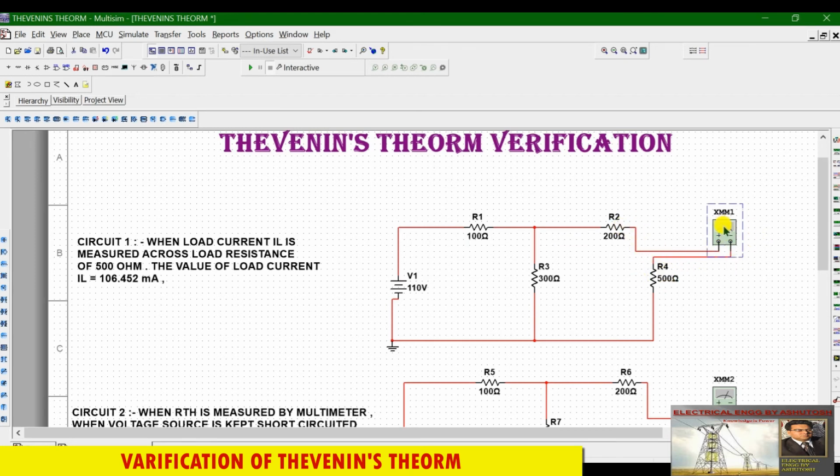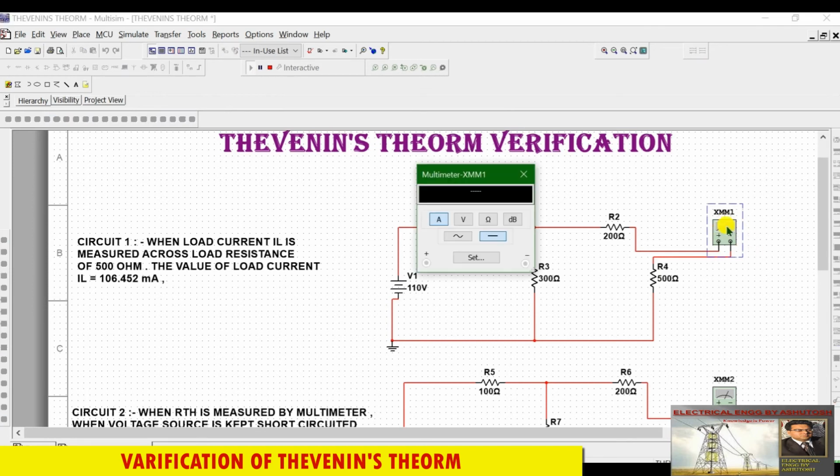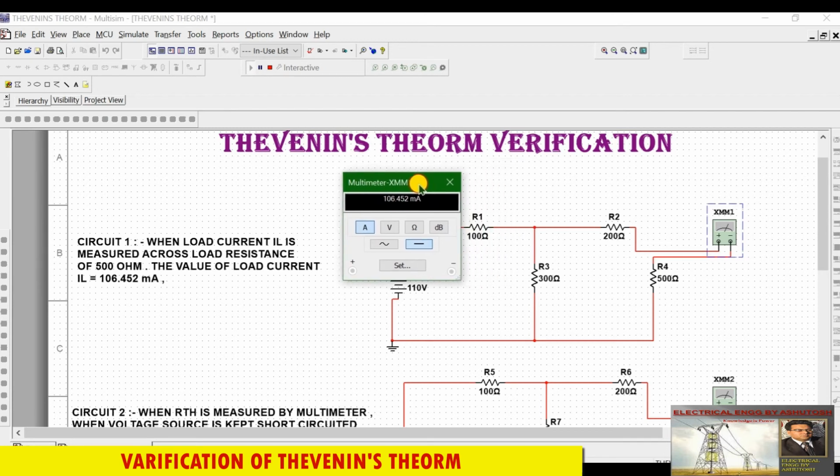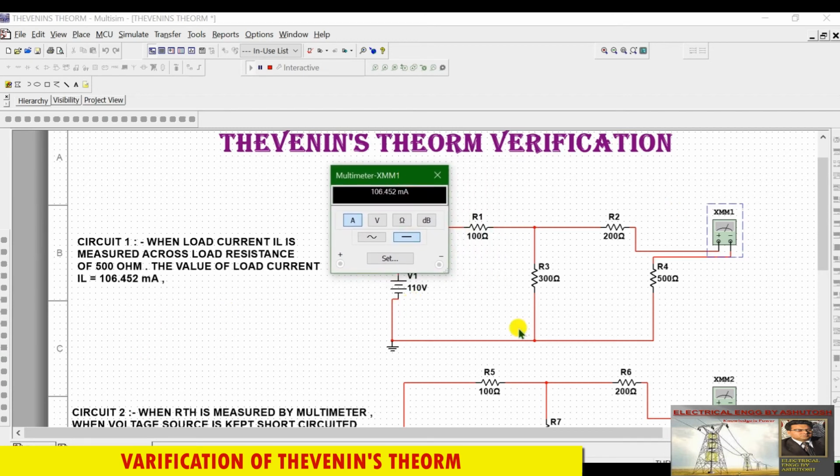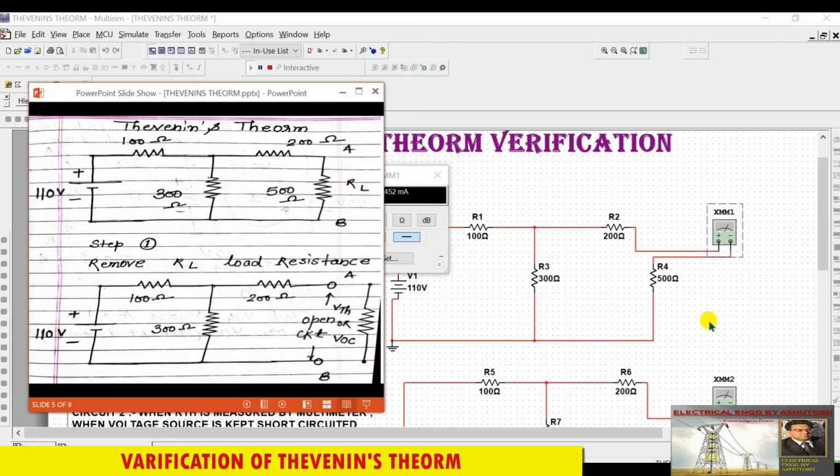And what is the value when you start the simulation? When you start the simulation by running this, you will get 106.452 milliampere, and that is the same load current.